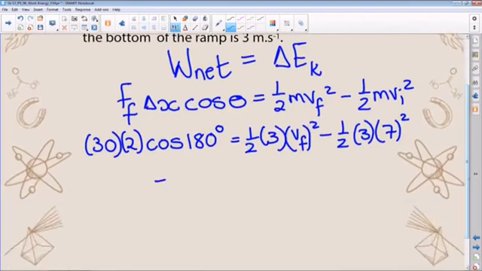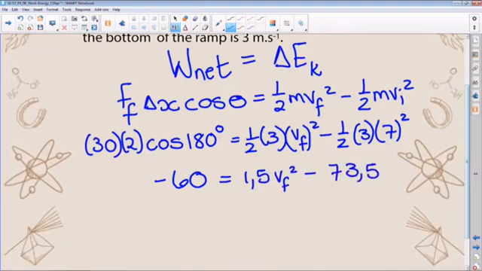So, this is minus 60. This is a half, VF squared. And this is minus 73 and a half. Okay, now if I take the 60 over, or the minus 73 and a half, whichever way around we do this, it's better to take the 60 over.